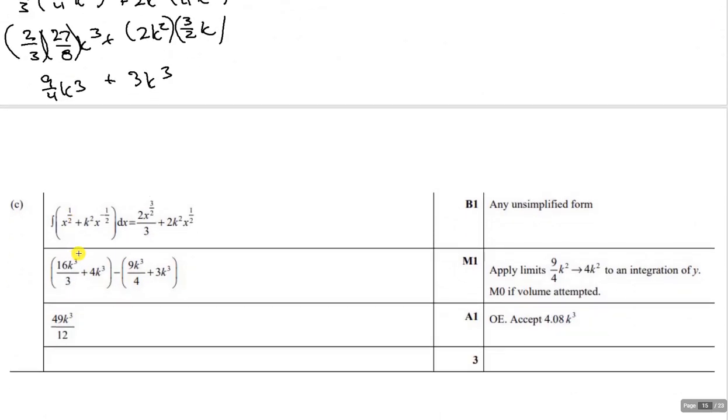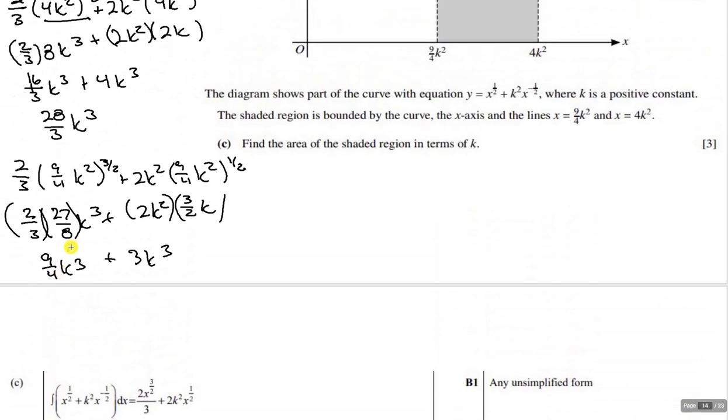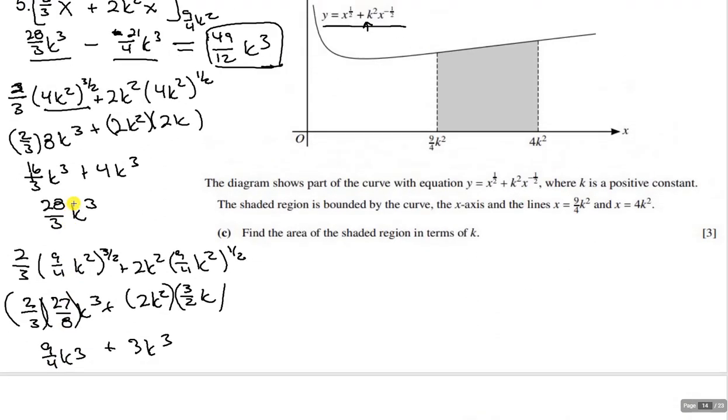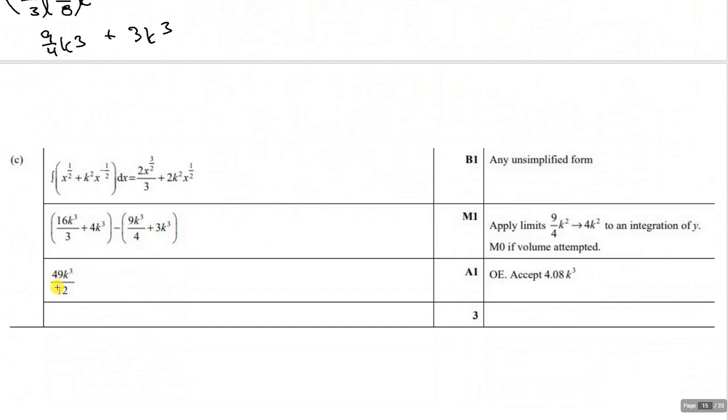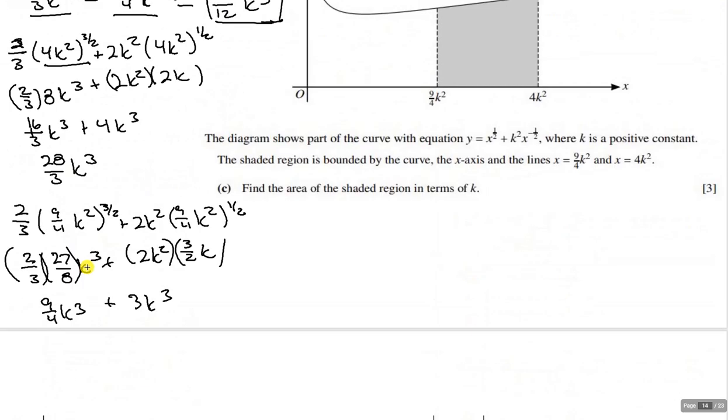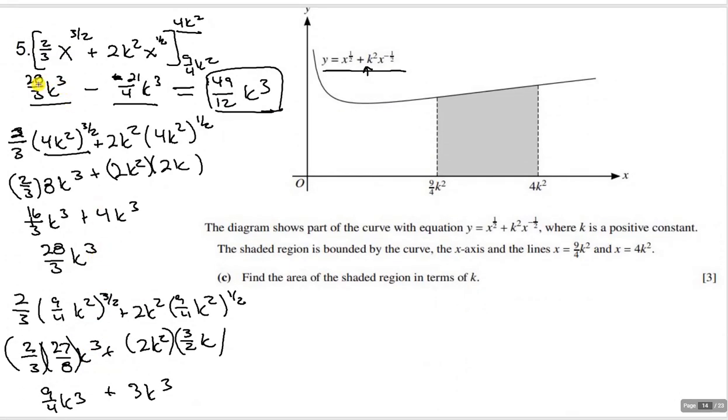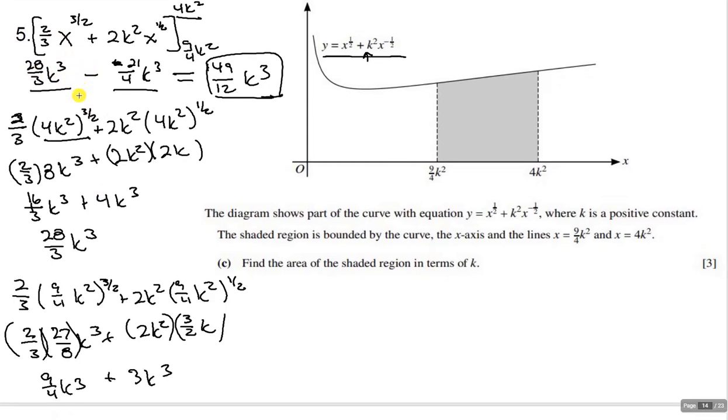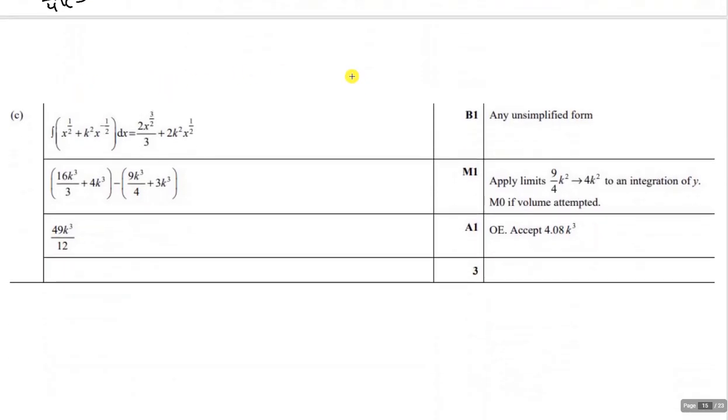We subtract them. And you'll notice they got the different parts. And then we end up with 49k to the third over 12. This is all broken down into parts so they can do the grading. But like I said, you need to do the derivative correctly.